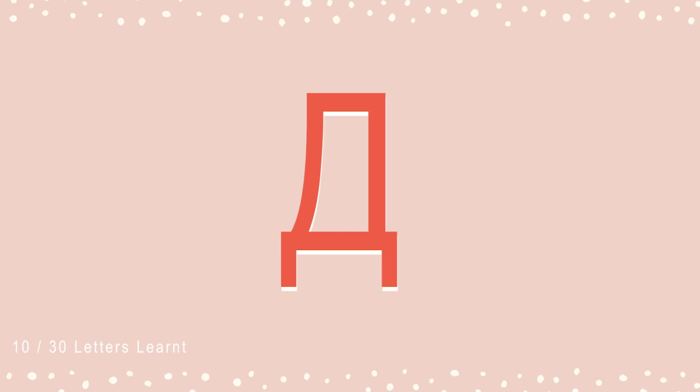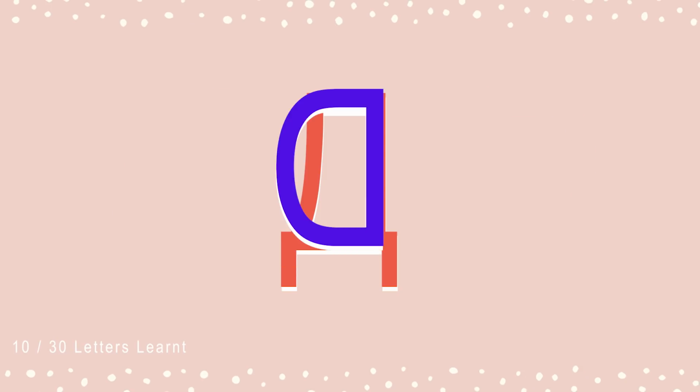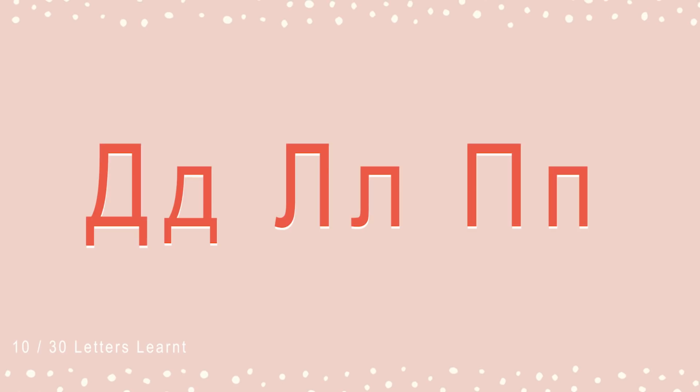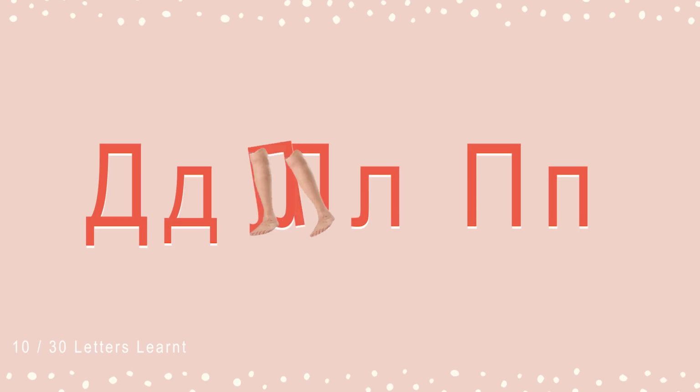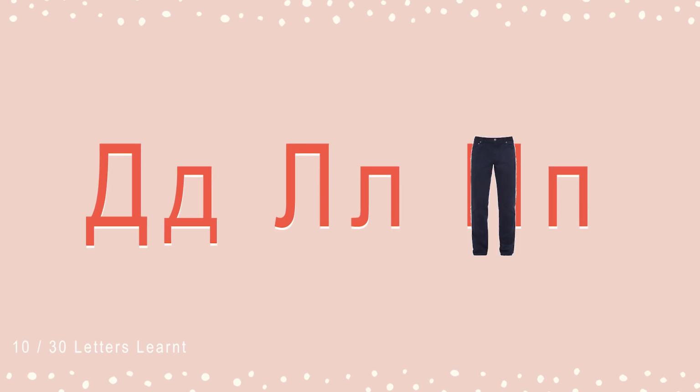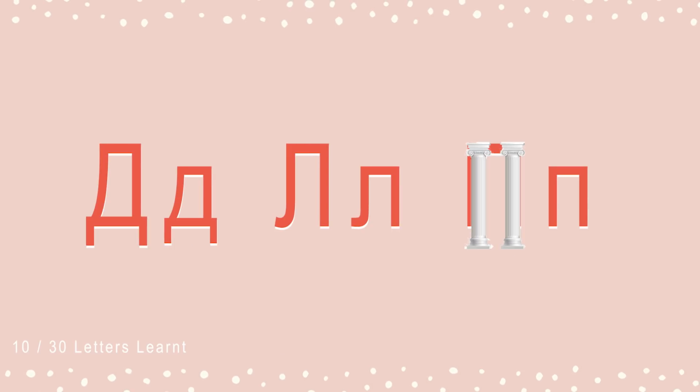Now D, it looks like a D that's backwards, that's running away. So let's recap. D looks like a D that's been flipped around and is running away. L looks like a pair of legs or one upside down L with a long tail. And P looks like a pair of pants or pillars or poles or a portal.